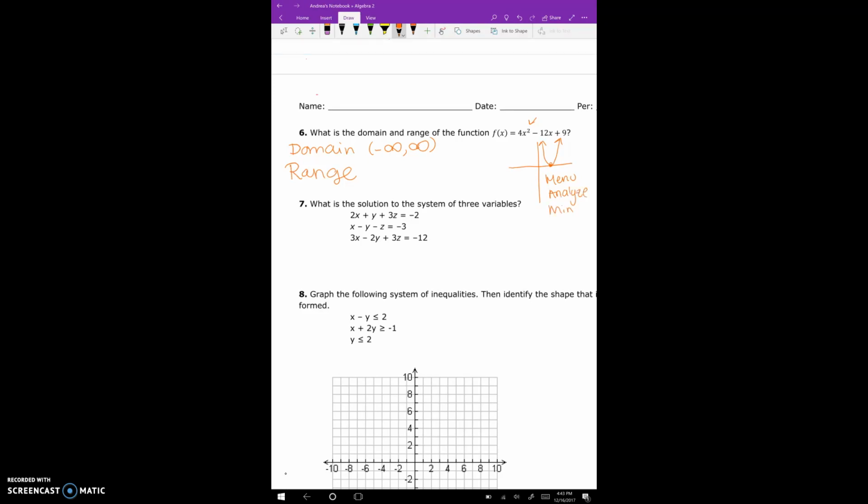I know this is a minimum because A is positive. So that minimum value is actually 1.5, 0. And the range is always the Y value to infinity because this is a minimum. So 0 to infinity for this one.